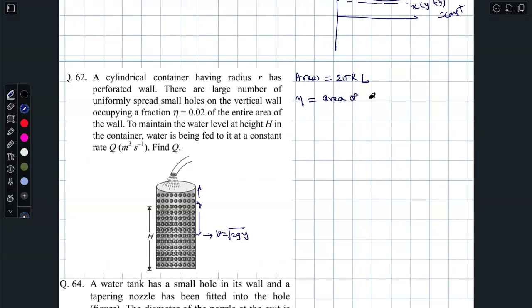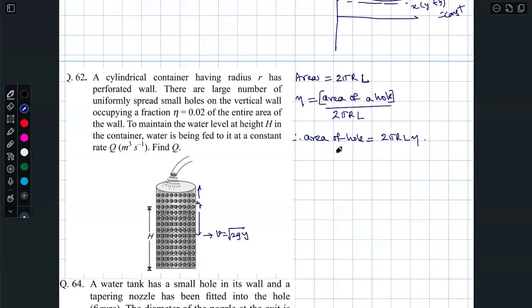Area of a hole divided by L. So therefore, area of hole, small holes on the vertical wall occupying a fraction. Any doubt till this point? Right.